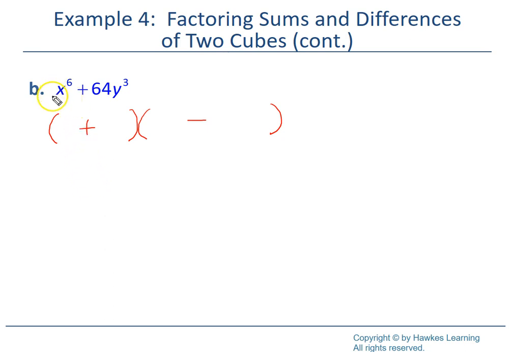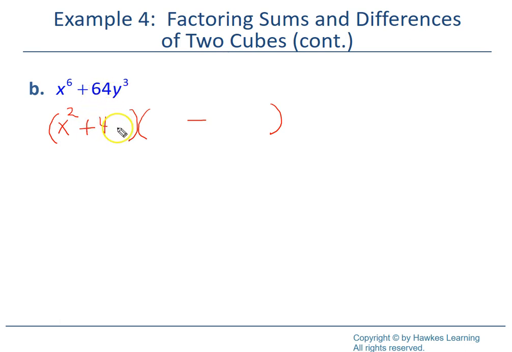Now you're going to take the cube root of this. So basically you're dividing this by 3 here. So this will be x squared. And the cube root of 64 is 4.